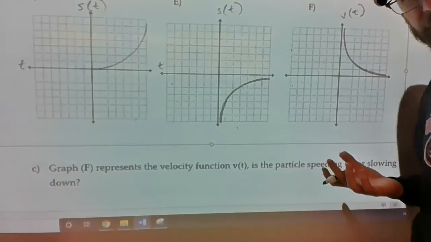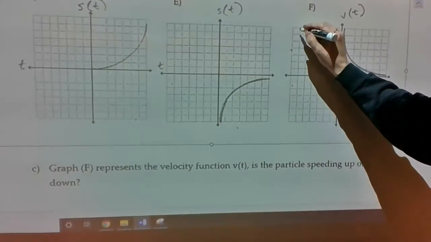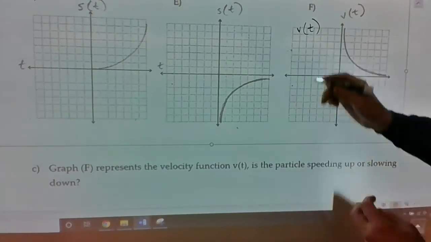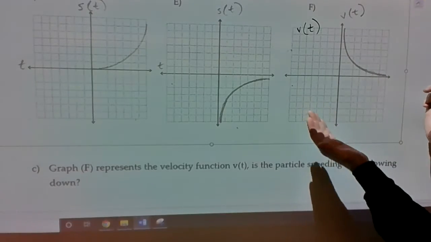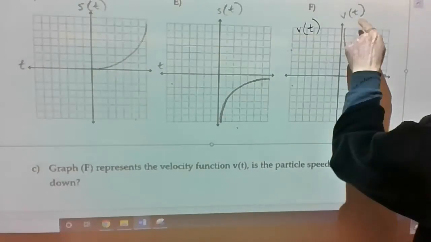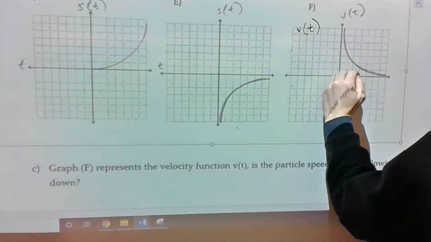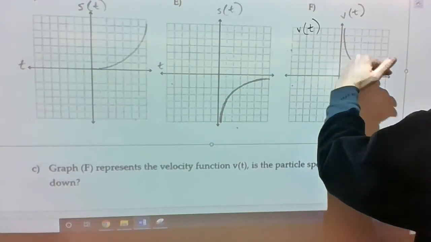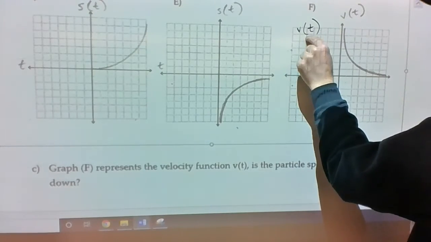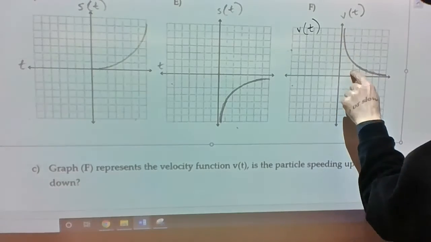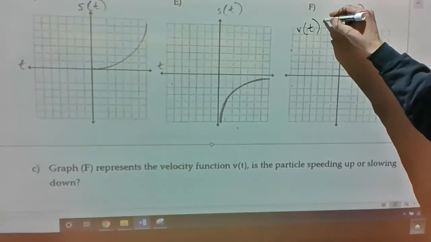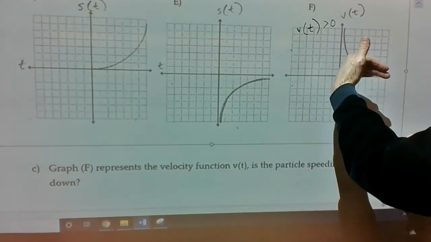Well, this is all they want you to do. They want you to say the velocity, where we see it, is always above the x-axis. This is the velocity function, so all the y values on this curve are informing us about the velocity. Greater than 0, greater than 0, greater than 0. The velocity is always greater than 0.